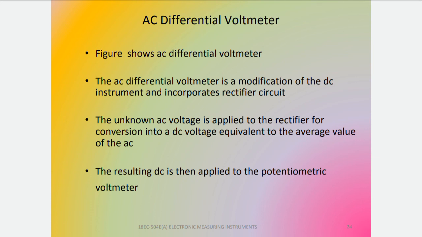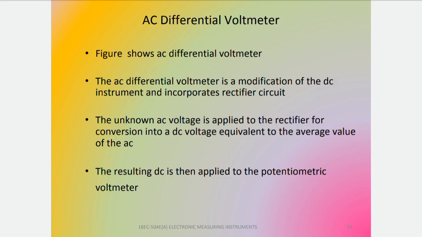The null indicator indicates 0 when the two voltages are the same. Under the null condition, the meter draws current from neither the reference source nor the unknown voltage source, and hence the differential voltmeter presents an infinite impedance to the unknown source.